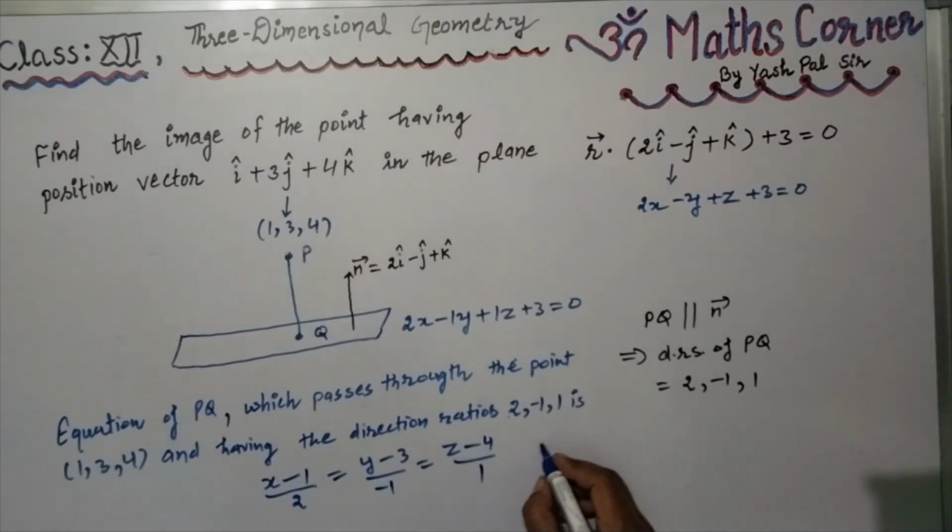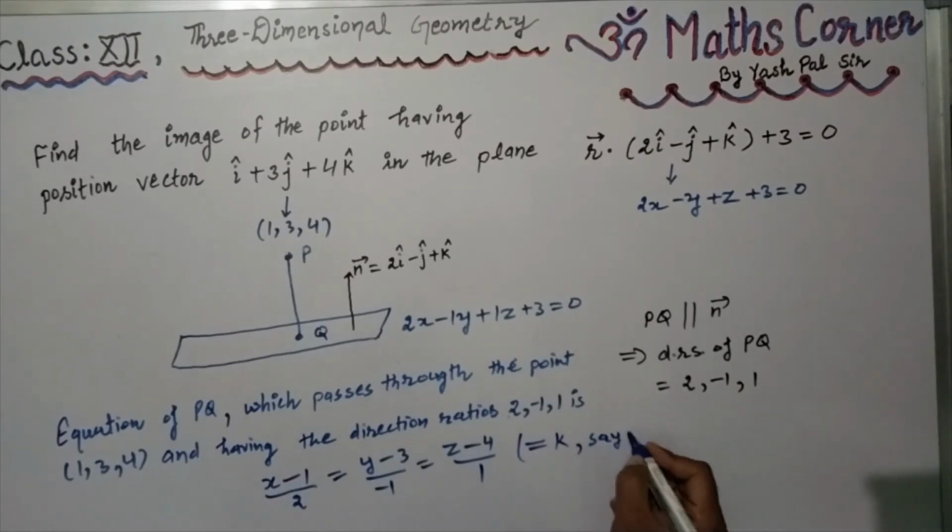To find any point on this line, we say the three members are equal to k.